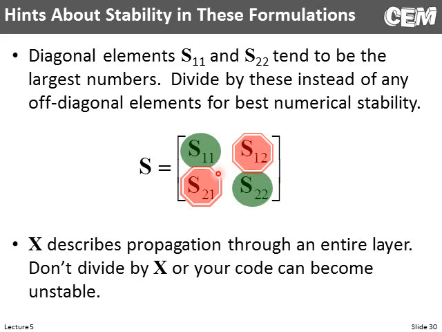In fact, the first time I derived the equations for the scattering matrices, there's many different ways. It sort of worked, but was very noisy. And finally, I figured out I'm dividing by the wrong terms, and that dictated completely how I derived those equations for the scattering matrices. So divide by S11 and S22 if you have a choice, instead of S21 and S12.